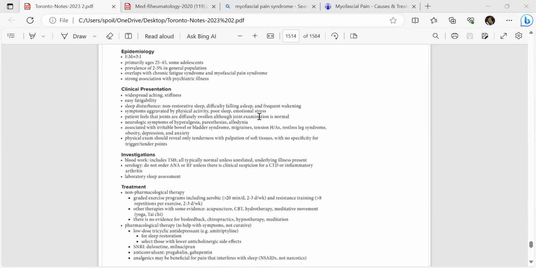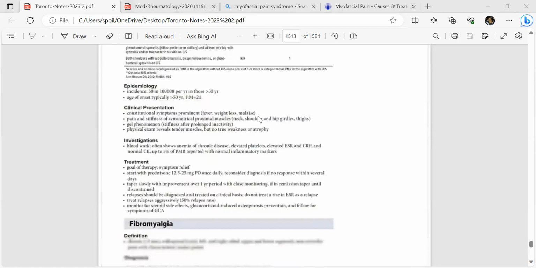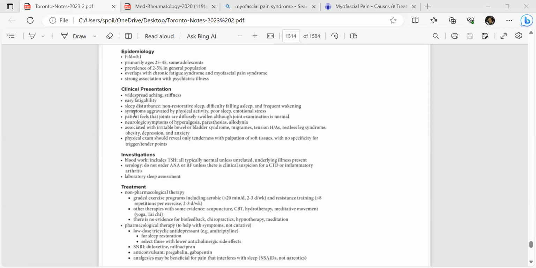Whereas in polymyalgia, we were having what? Gel phenomena, which is after inactivity. And in fibromyalgia, the pain is aggravated by physical activity.